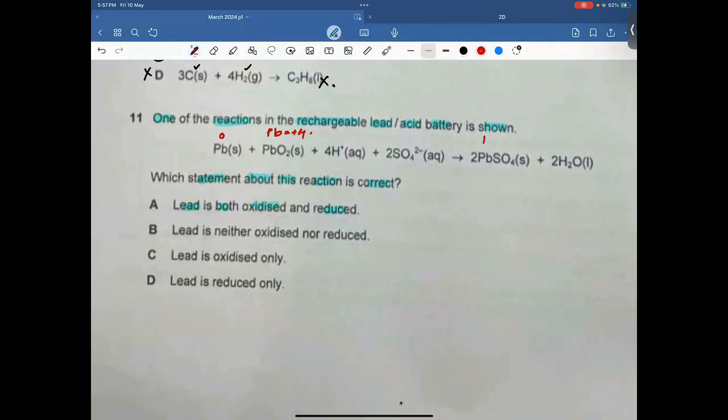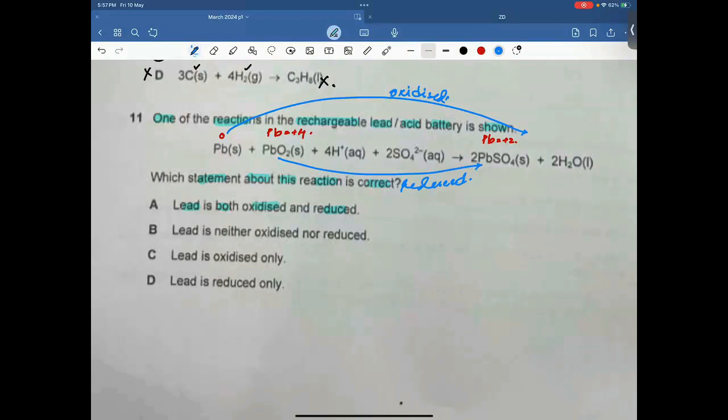Over here, the oxidation state of lead is +2. So technically, lead is oxidized and lead is also reduced. Oxidized when oxidation state changes from 0 to +2, and reduced when oxidation state changes from +4 to +2.